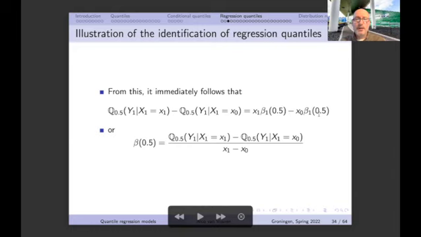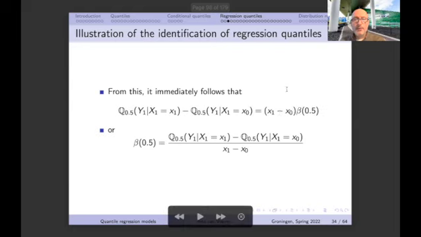And then we should realize that if we divide the left and the right hand side by x1 minus x0, then we get this relationship that we have over here.